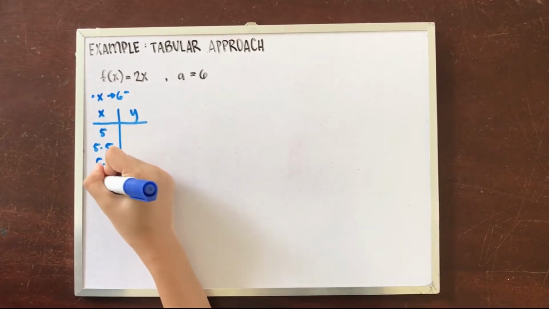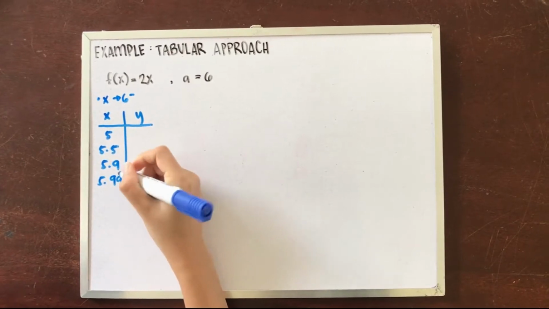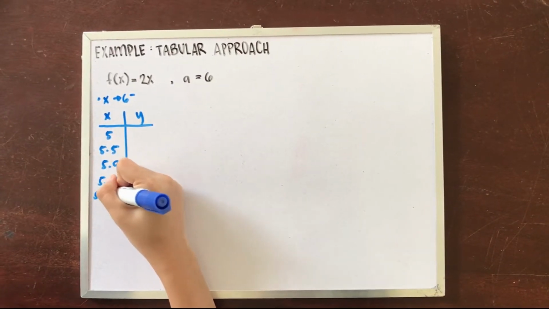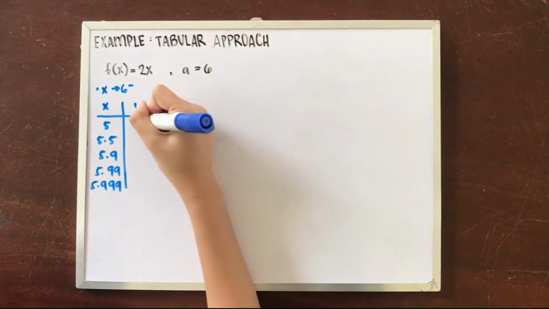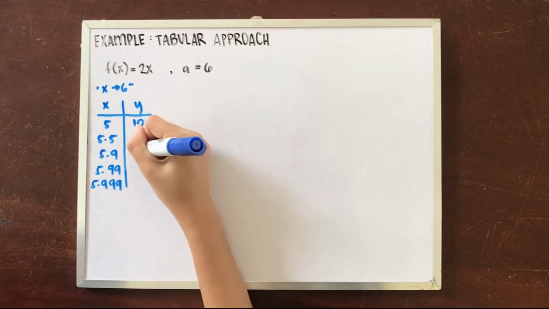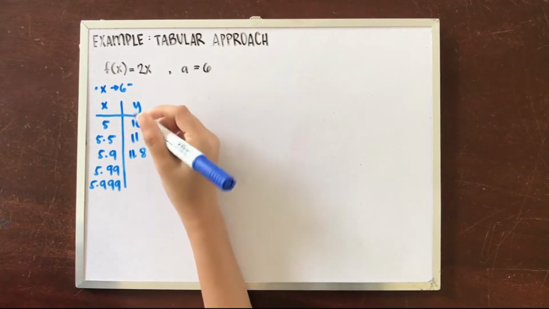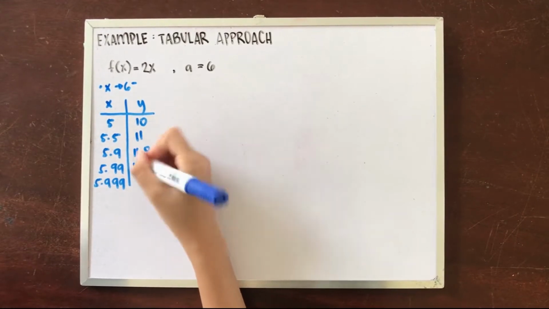As you can see, our value increases since the value must be as near as possible to number 6. And to get the value of y, we'll just substitute the values of x on the given function or equation. So the first one would be 10 since 2 multiplied by 5 is equal to 10, and so on.